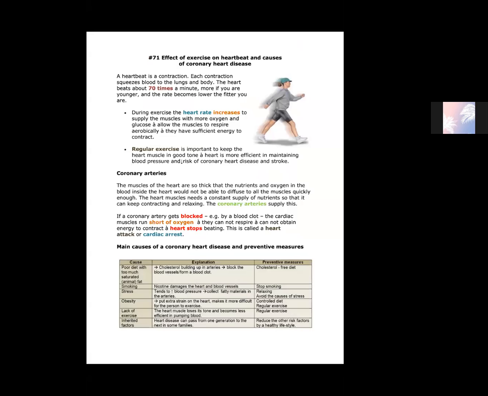Then the effect of exercise on heartbeat, and the causes of coronary heart disease. A heartbeat is a contraction. Each contraction squeezes blood to the lungs and the body, pulmonary circulation and systemic circulation.